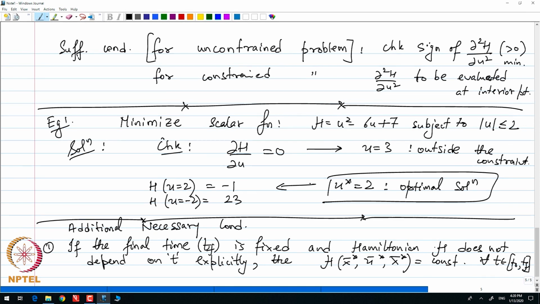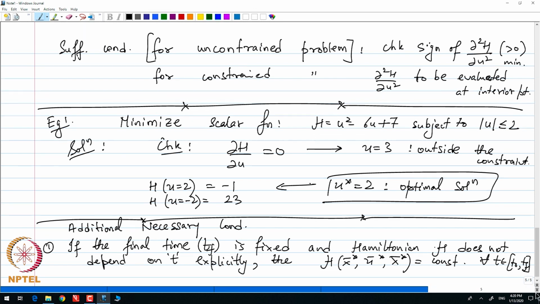Now, students should immediately recognize this additional necessary condition as our version of Beltrami identity, because if the Hamiltonian is independent of the independent variable, then we know that the Beltrami identity, the Hamiltonian becomes a constant, right. So, this is nothing but the Beltrami identity.